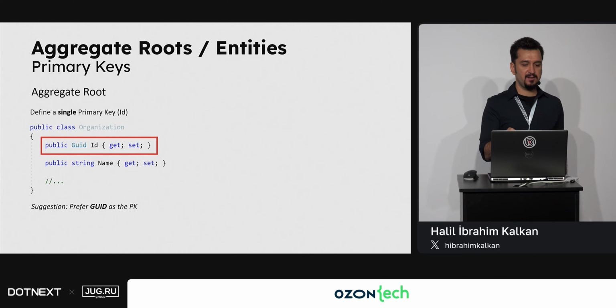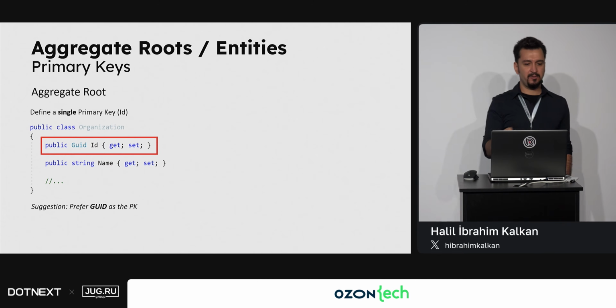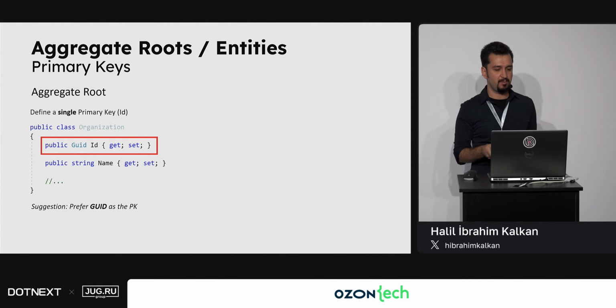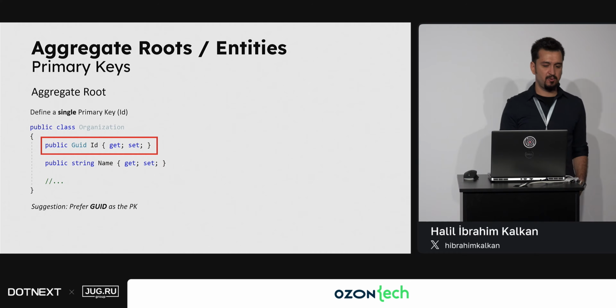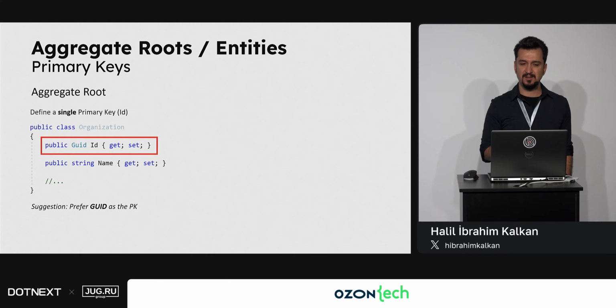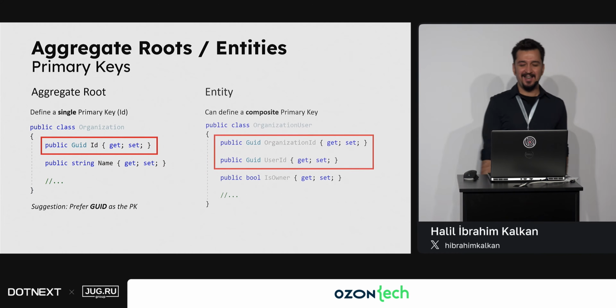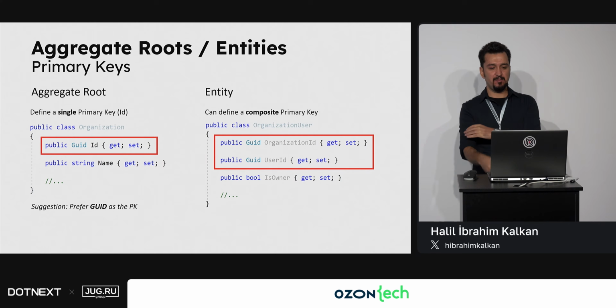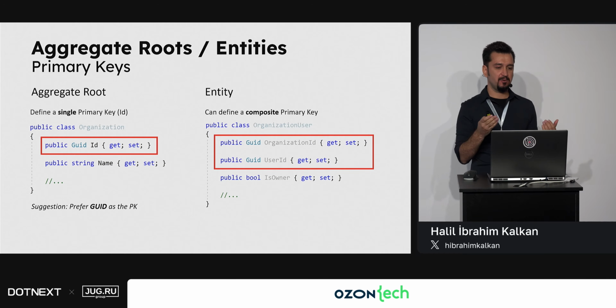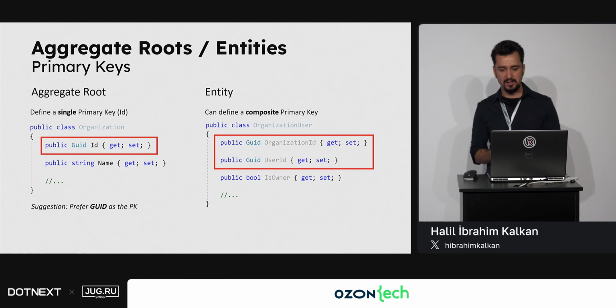For the primary key, for aggregate roots, it's always suggested to define a single primary key. Typically, a GUID is a good primary key, but it's another discussion, so I will skip it now. Entities are part of aggregates, part of the aggregate root actually.